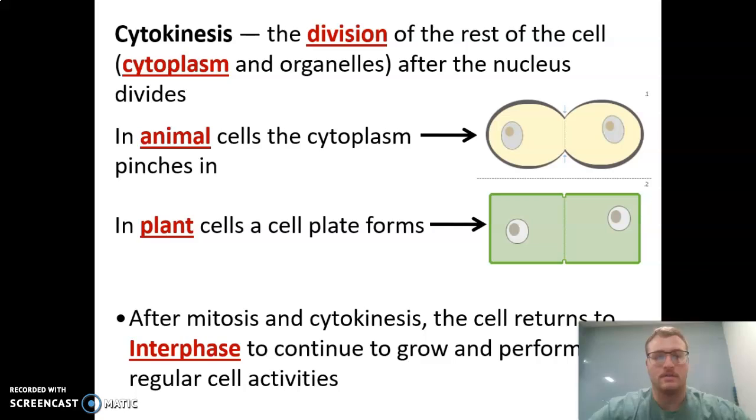After the nucleus divides, in animal cells, the cytoplasm begins to pinch off and cleave apart, separating into two distinct daughter cells. In plant cells, cell plates form and then create new cell walls. After mitosis and cytokinesis, the cell returns to interphase, where it continues to rest, grow, and perform the regular activities that cell is made for.